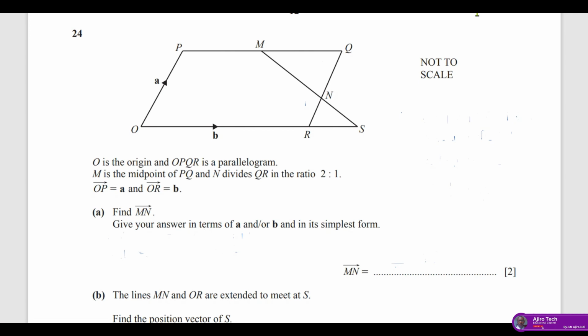First of all, RN should be 1 year, 2 years, so 1 out of 3. RN should be 1/3 of RQ. And RQ is parallel to OP, so that is A. That is 1/3 of A, so A/3.